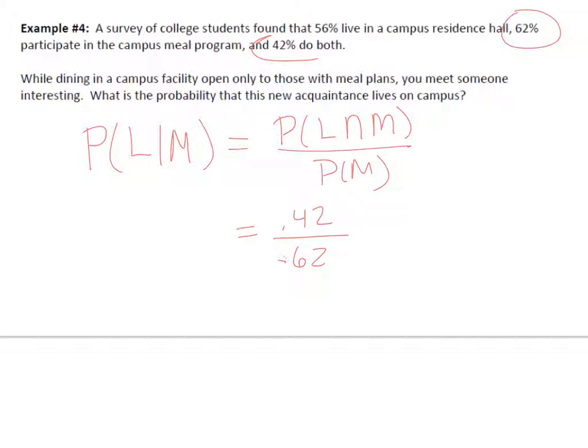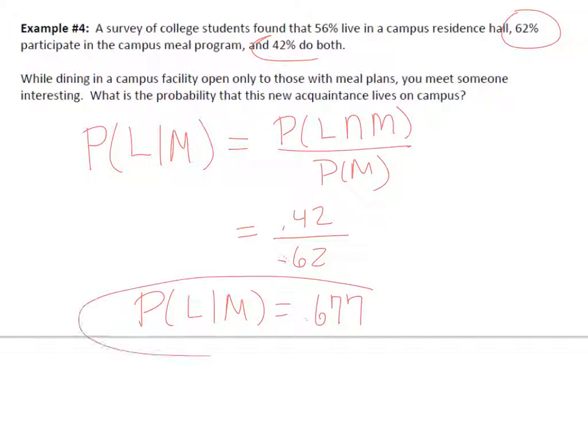Taking 0.42 and dividing it by 0.62, I get the probability of L given M as 0.677. So the likelihood that this new acquaintance lives on campus is a little higher than a 67% chance.